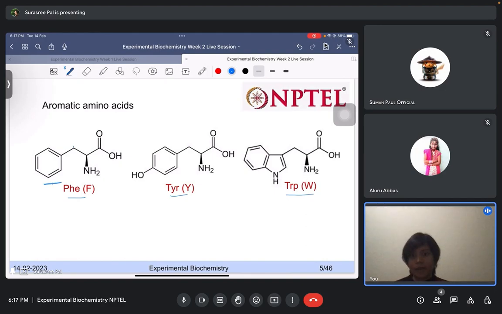Next is tyrosine. Tyrosine has a phenol group as its side chain. And tryptophan has a ring which is called the indole ring. This is the phenol group, and this one is phenylalanine.